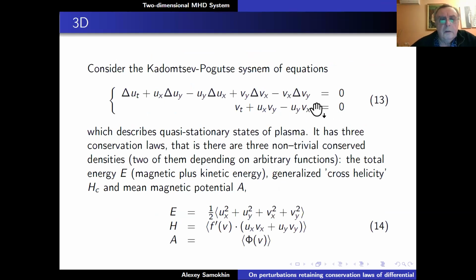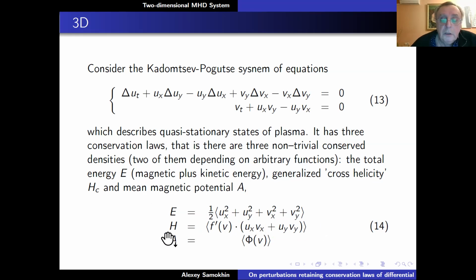Well, let us see another example in 3D, 1 plus 2D equations of plasma. In low dimensions, there are only 3 conserved quantities, conservation laws. They are called in physical jargon energy.